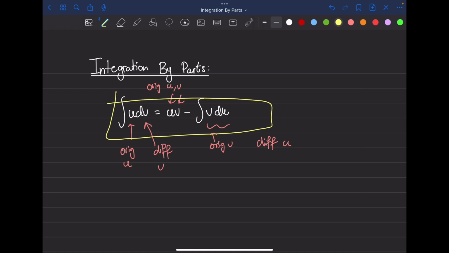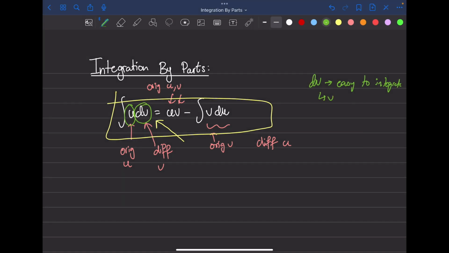Two more things actually that you need to know, because you'll see this when we move on to a few examples: you have a choice as to what becomes u and what becomes dv. You have a choice on which function you call u and which function you call dv. When you choose dv, you want it to be the easier to integrate, because you want to integrate this to get to v, because the integral of dv is v.